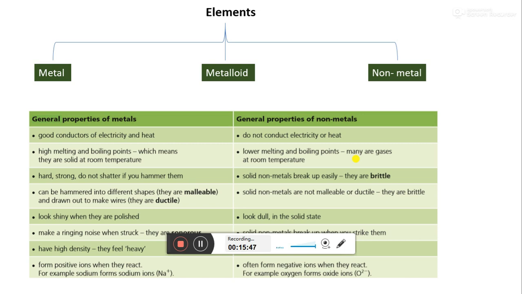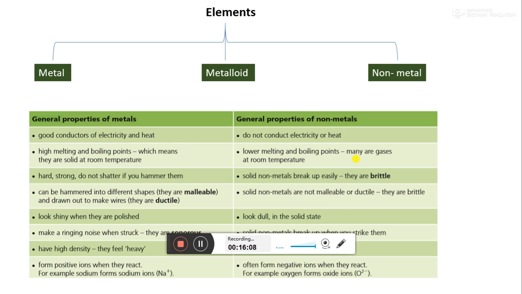Solid non-metals break up easily and they are brittle. Examples of solid non-metals are diamond and graphite, and iodine is a non-metal which is lustrous in nature, and it will break with a brittle sound and it is brittle in nature, right?